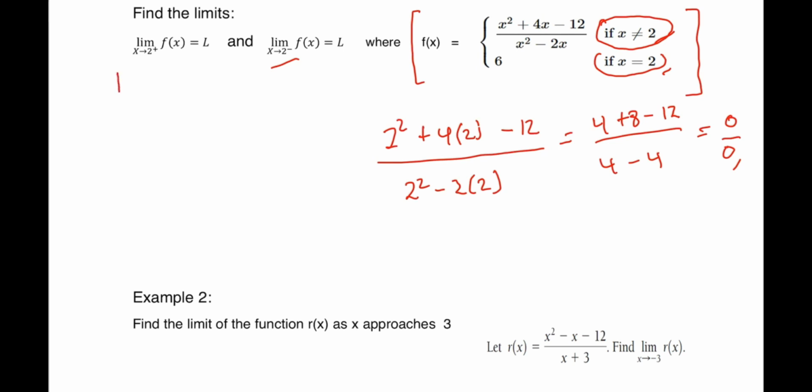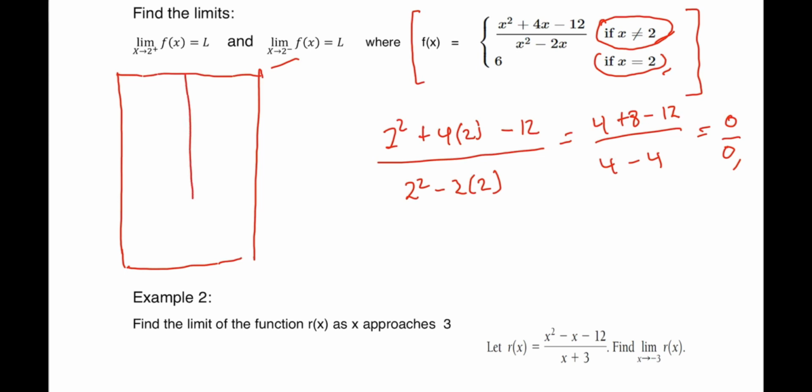For this one, you can make a simple table, or you can decide not to use a table if you can keep track of what you are doing, but I prefer using the table because it becomes easier to follow. Label your columns x and f of x. The f of x stands for your function, and the x values will be approaching 2 from the left and from the right.